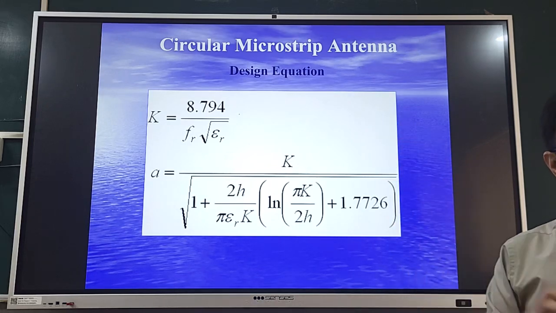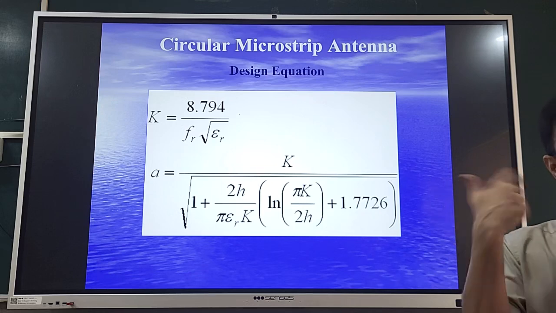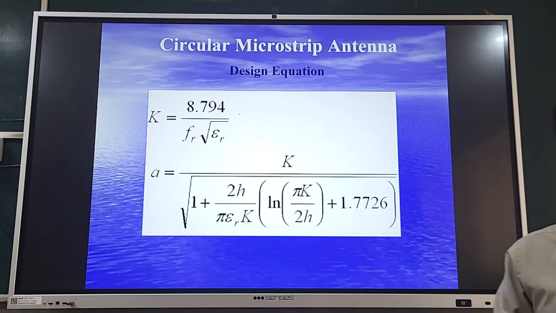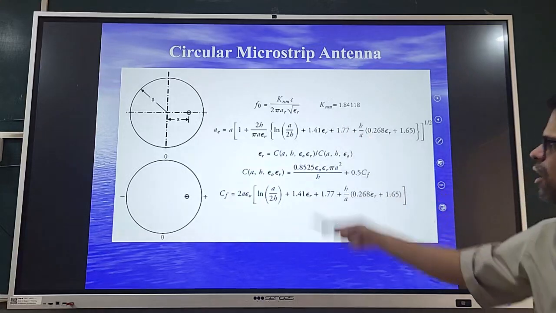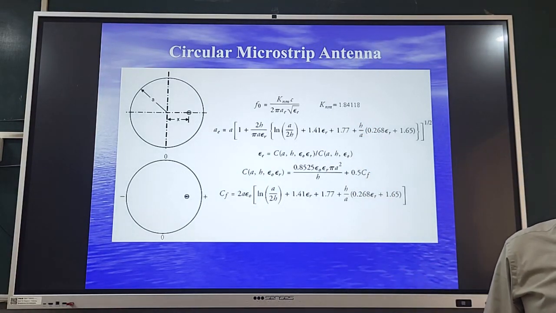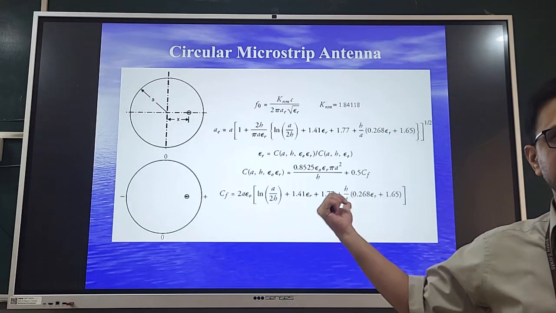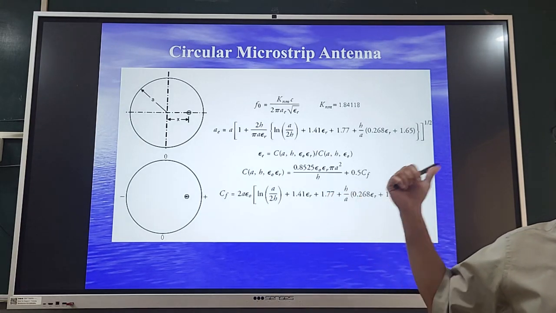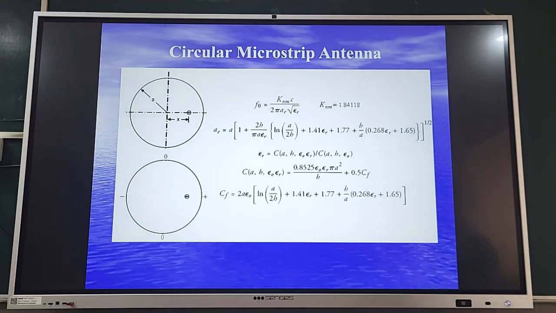The earlier equation can be used where the radius is given and you find the frequency, because once the radius is given, using that capacitance formula one can find epsilon E and then calculate the frequency. But that is not really useful for calculating the radius for a given frequency. The second formula which I have shown you is used. So this is about the circular microstrip antenna fundamental mode frequency as well as the calculation of that.